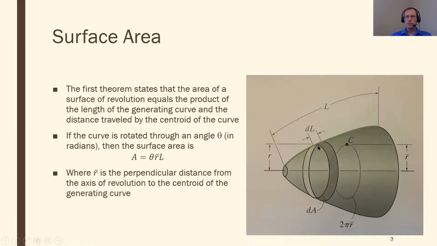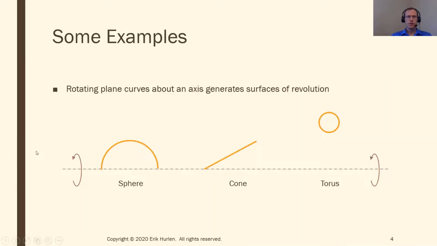Of course, this doesn't have to be rotated all the way around 2 pi. It can be rotated around any number of degrees, but as long as that angle is in radians, just multiply those three things together, and that gives you the outer surface area of that shape. If I have a half circle, rotate that around, it's going to give me a sphere.